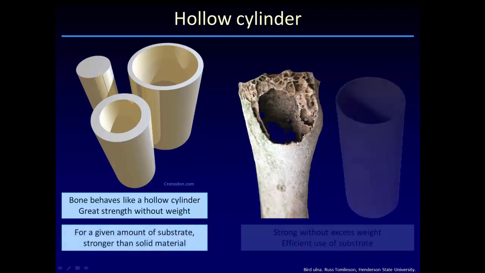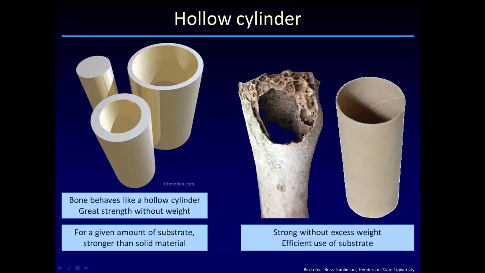Here we can see a bird's ulna with this form of a hollow cylinder, and we all know that cardboard tubing like this inner part from a roll of a paper towel is very, very strong and yet has very little weight.